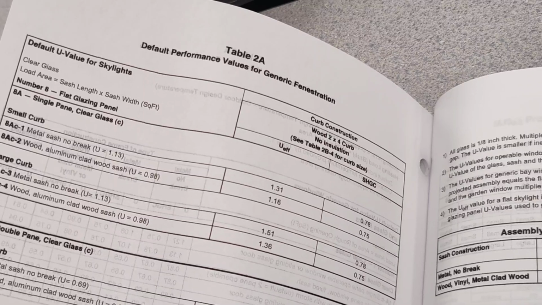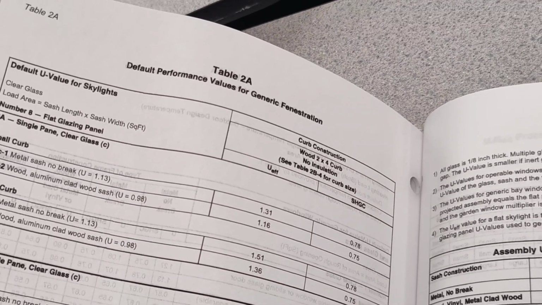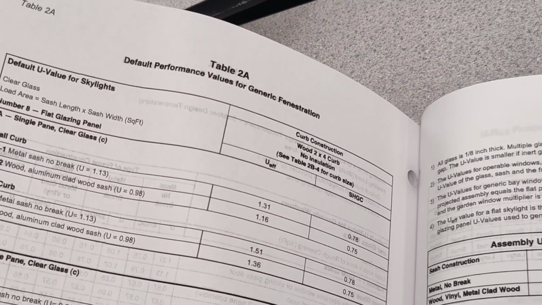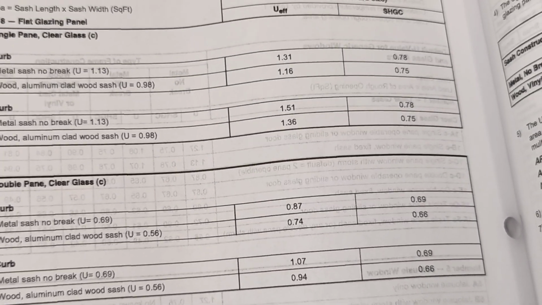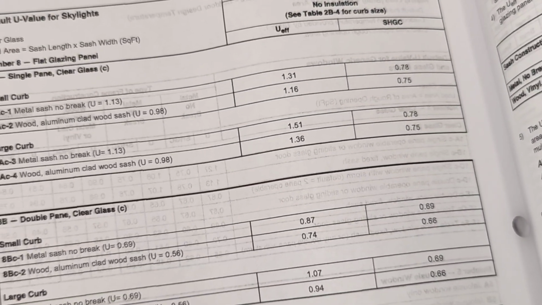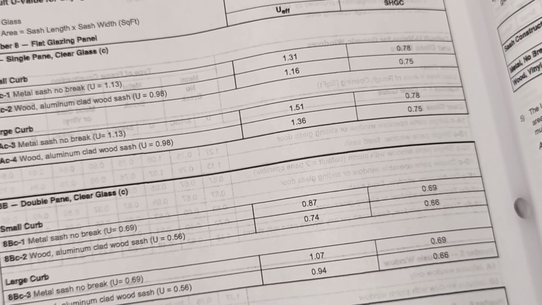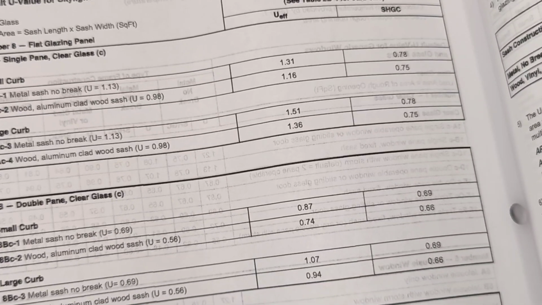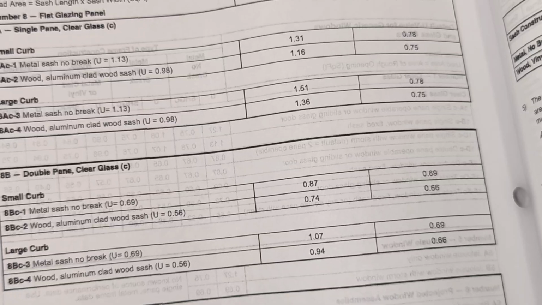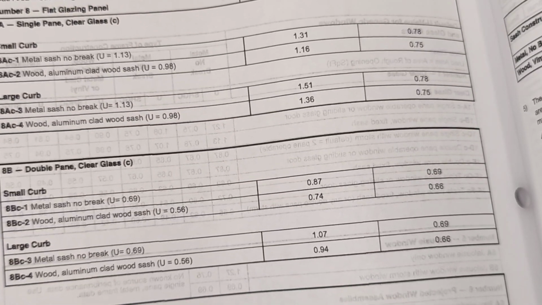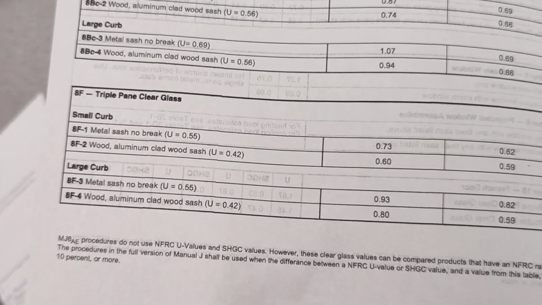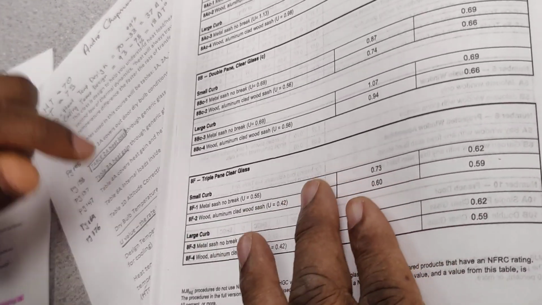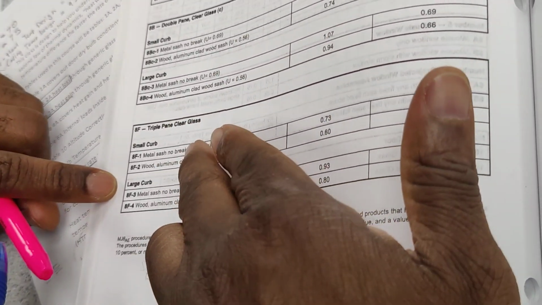What's the U value? 0.72. Y'all agree? It's a triple pane.